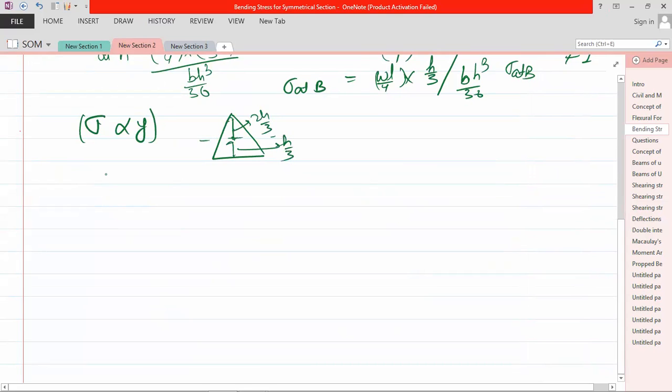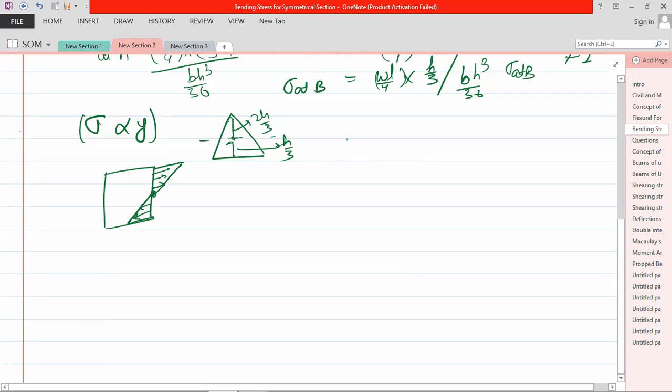That means for a cross section, suppose this is a cross section, and if I want to draw the bending stress, then at y equal to 0, means at the neutral plane, it should be 0, and above it is increasing and below it is increasing. Now why do I draw like this? Because if this is tensile, then this should be compressive, and if this is compressive, this should be tensile.